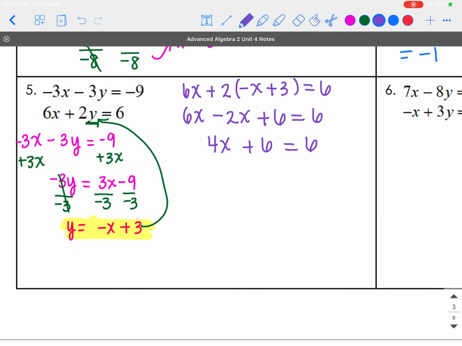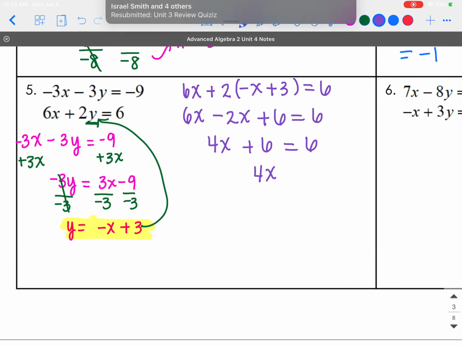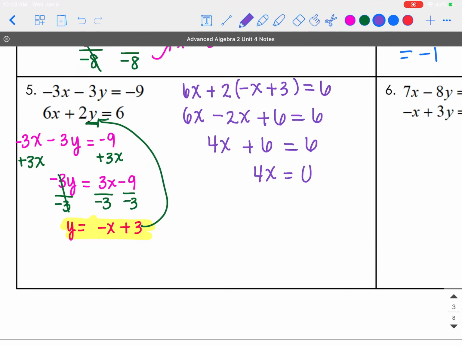Then I subtract 6 from both sides, so we get 4x equals 0. And if we divide by 4, we get x equals 0. So that's the x value. The y value, I'm going to plug this 0 in. I could pick either one of these, or I could pick this one. I'm going to choose to pick the one that's highlighted.